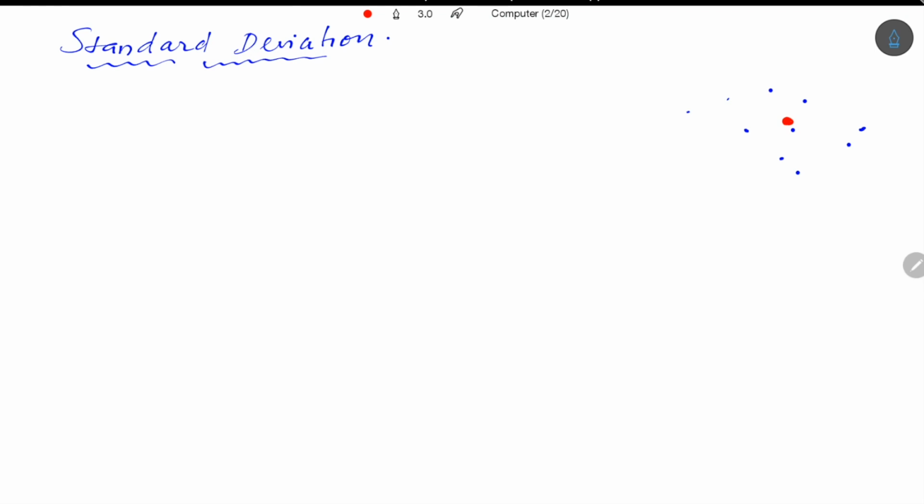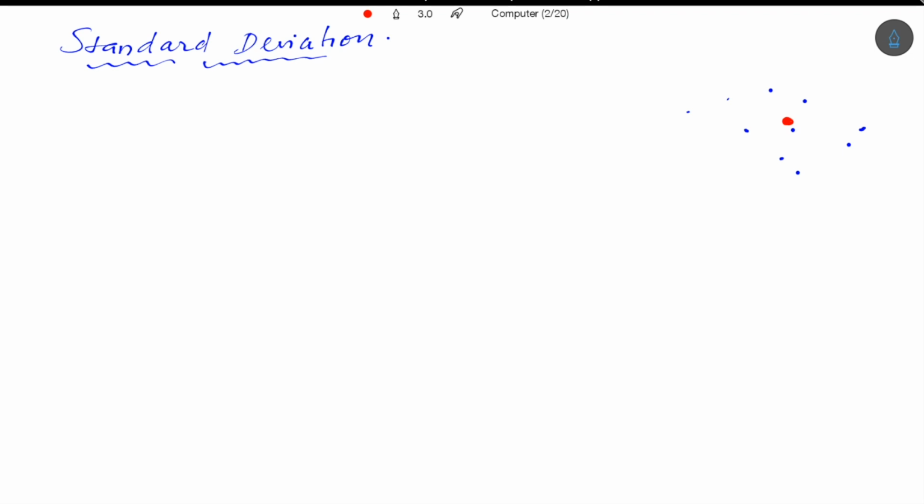Now, standard deviation means how the data are distributed or spread across the mean. To be specific, standard deviation represents how much data is spread around the mean or average.